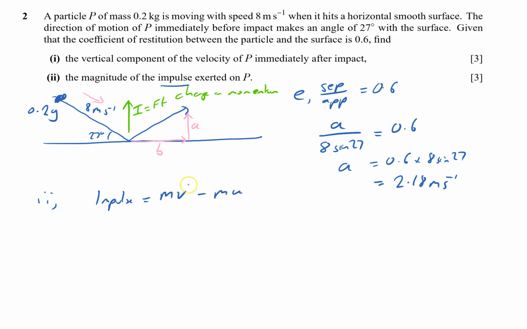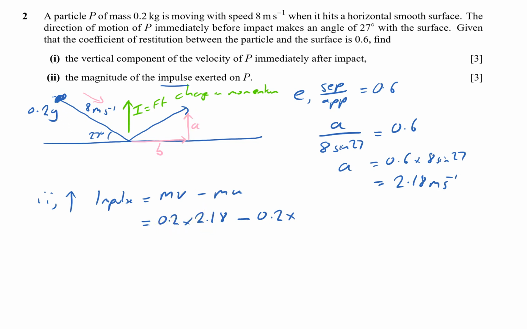So what's the final momentum? That is the mass times the velocity in that direction. So it's going to be 0.2 times 2.18, and then we've got to take away our mass 0.2 times, and because I'm taking impulse to be that way, that means I'm taking that to be positive. So A indeed is positive, which is why I had a positive here.